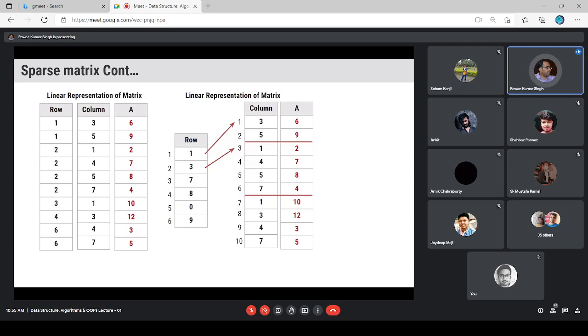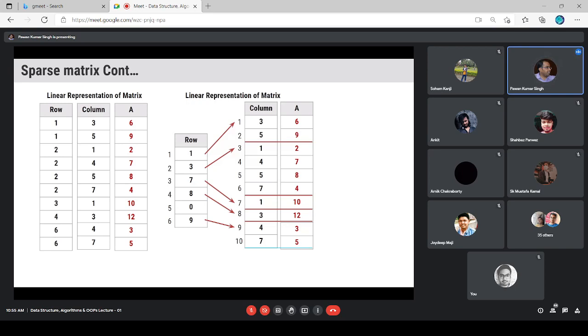The index of the first entry of row 2 is 3, the third position, so the value 3 is stored. Similarly 7 is stored, then 8 is stored. At row number 5 there is no value, so it is 0. And row number 6 starts from position 9, so the value 9 is stored. So we can reduce it.